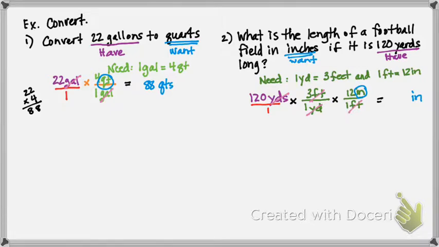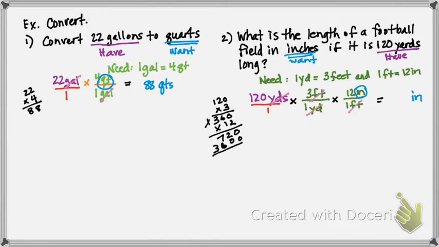Now let's just go ahead and multiply. I'm going to start with 120 times 3, which we get a 6 and we get a 3. Then I'm going to multiply that by 12. So we get 0, we get a 12, 6 and 1 is 7. Put in a placeholder, 0, 6, 3.